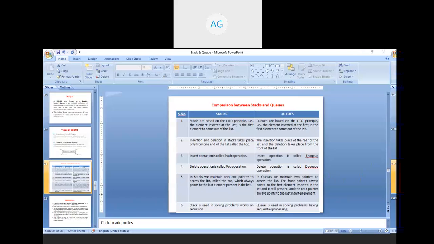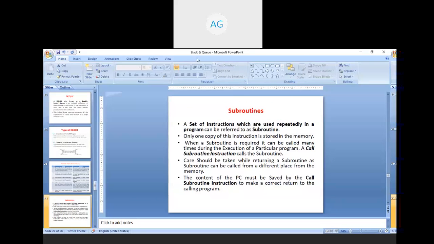Okay. So now we are moving to the last topic of unit 1, which is subroutines. So basically a subroutine is a set of instructions which are used repeatedly in a program that can be referred to as subroutine. Remember the word, it is used repeatedly.